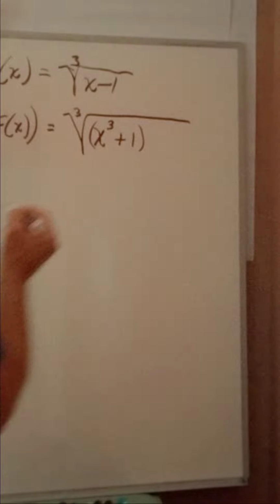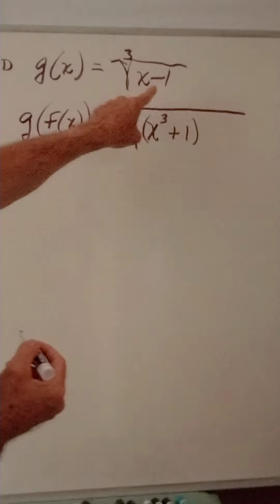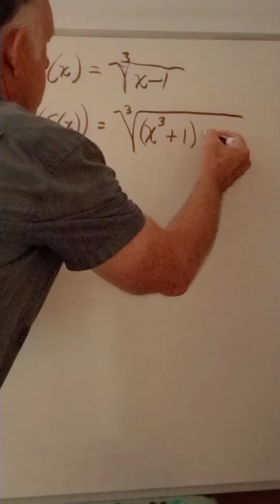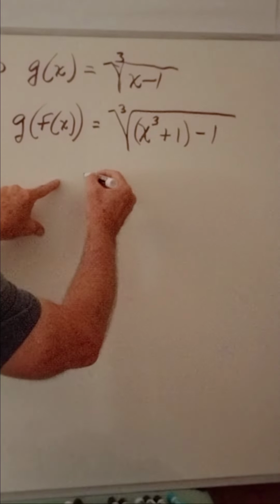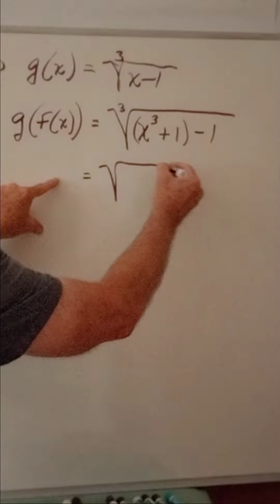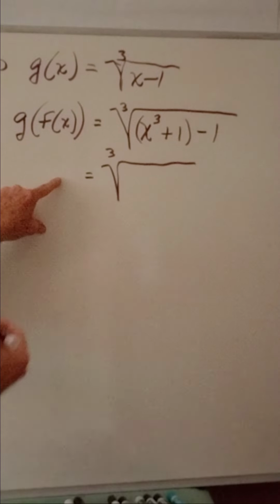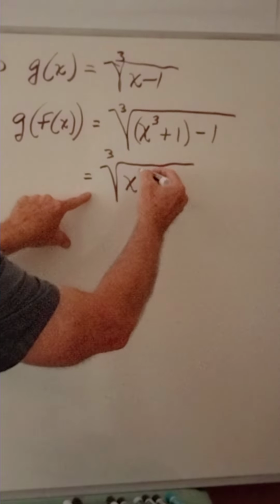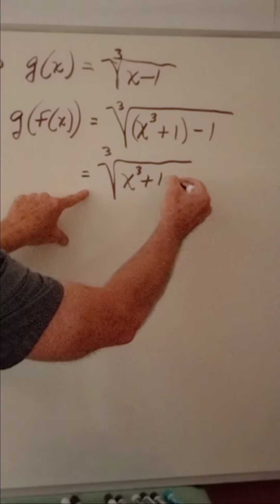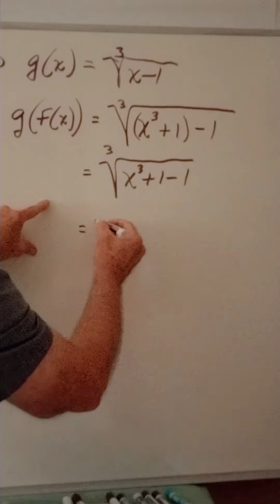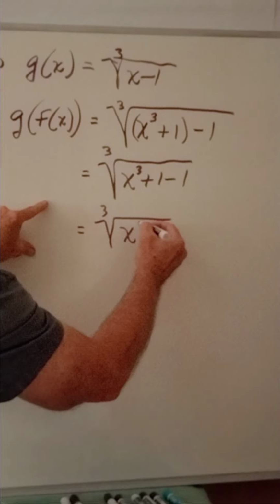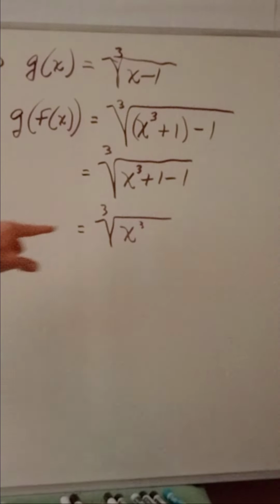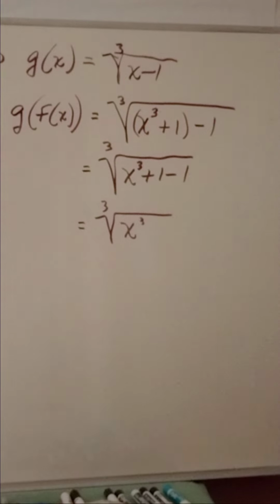I didn't have to parenthesize it, but I did. Bring down negative 1. Now let's simplify this. Index is 3. x cubed plus 1 minus 1. The 1's cancel out. We're left with the cubed root of x cubed. The cubed root of x cubed, x.